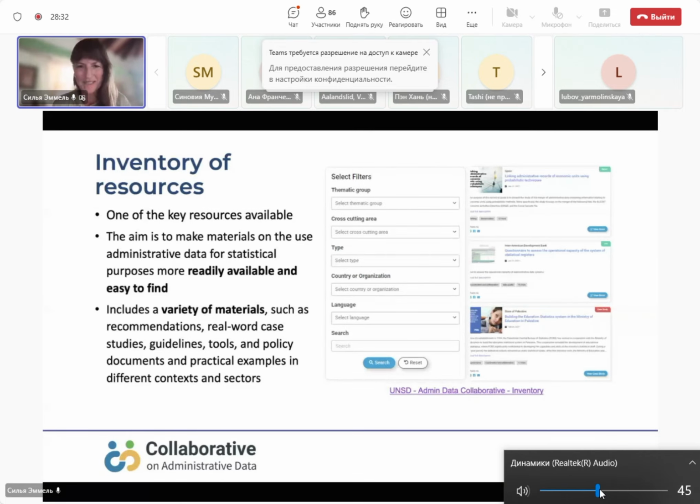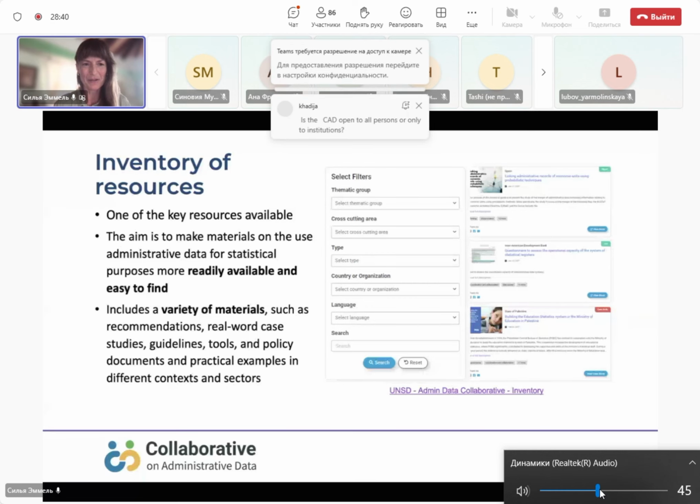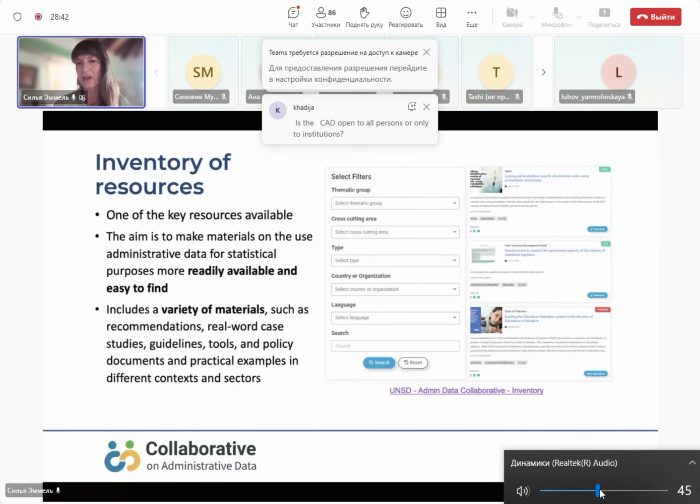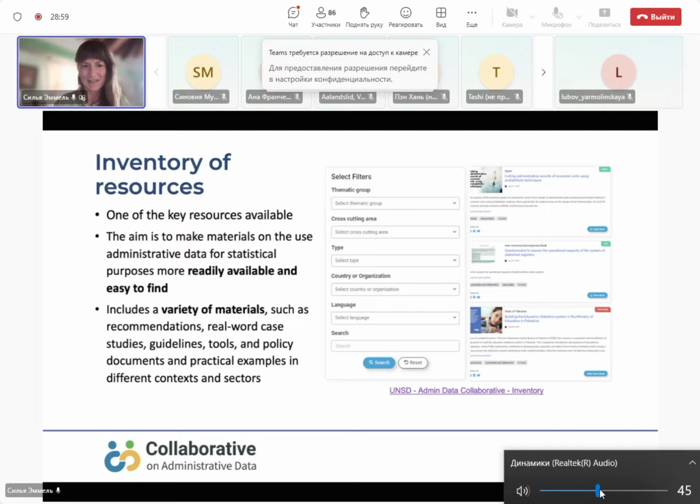We're at the moment updating it, so there might be some technical problems from time to time, but we hope that it gets even better and makes it easier for you to find the materials. And if you have anything that you do not find in the inventory, we're very interested in hearing about it, because we're happy to include whatever is relevant for administrative data and statistics.